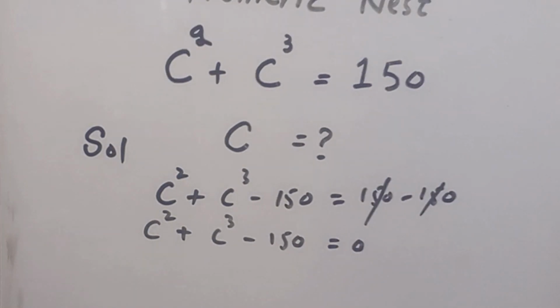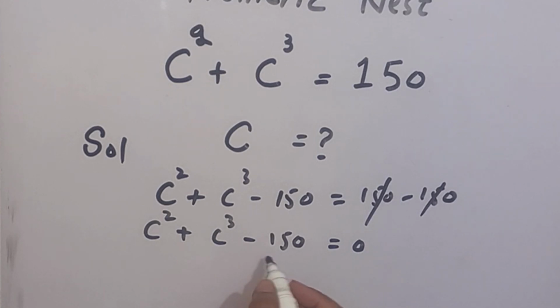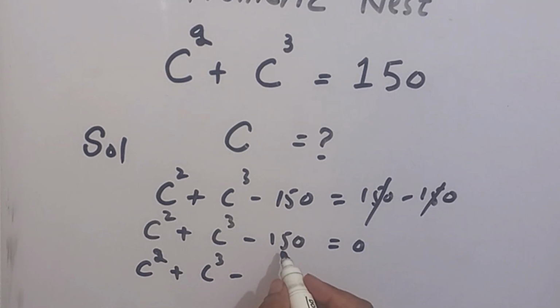In the next step we split this 150 into two terms, so we copy the remaining values and we write this 150 as 125 negative 25. This is equal to 0.